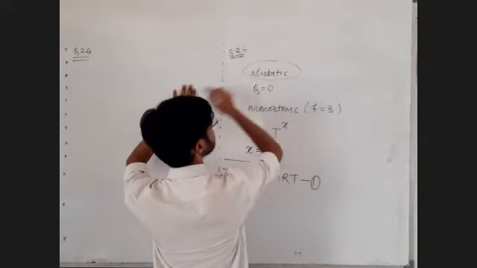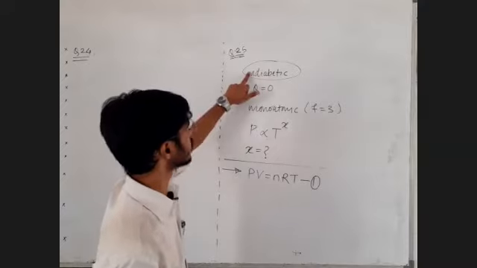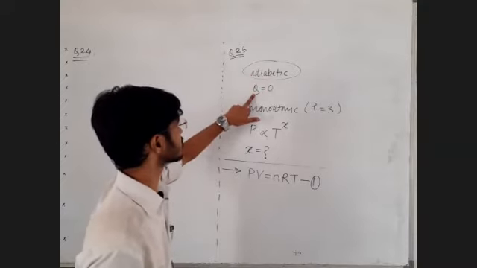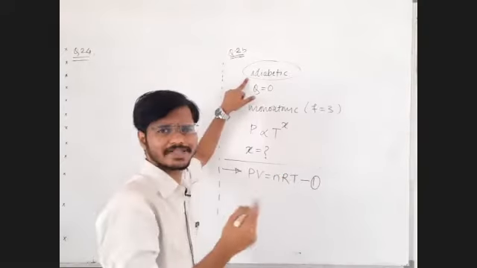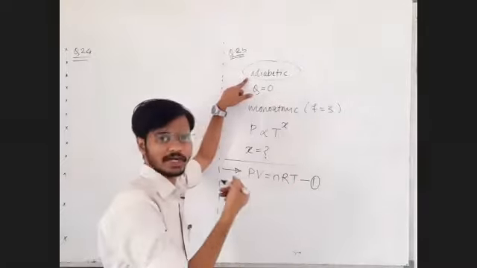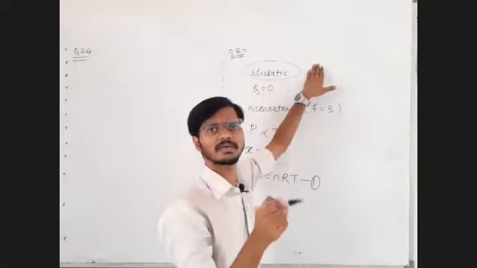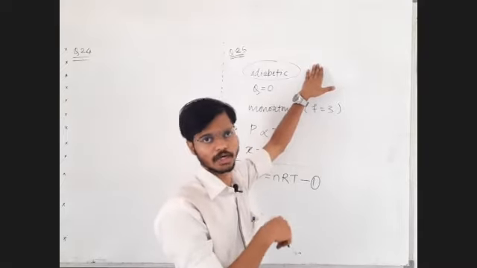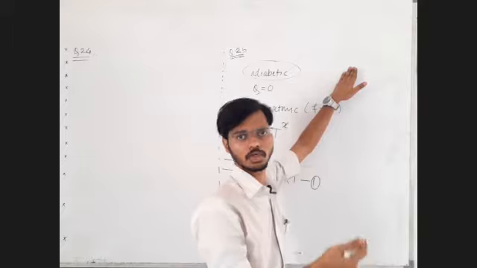The process is adiabatic, so whatever state relation you know for adiabatic, you should write that. Sometimes they write isothermal, then write the state equation you know for isothermal. Sometimes they may say isochoric, then write the state equation for isochoric.